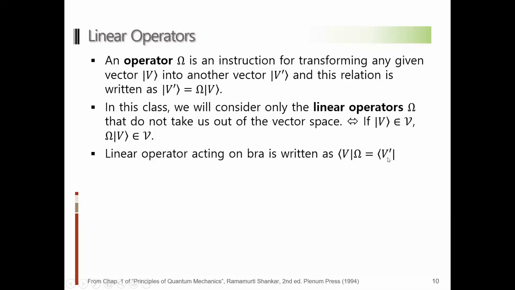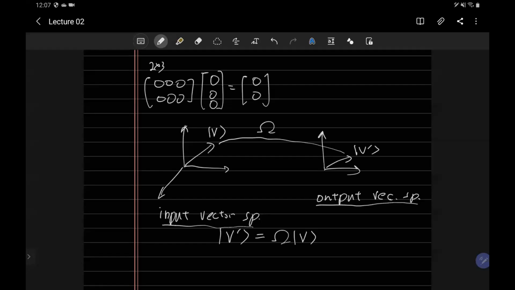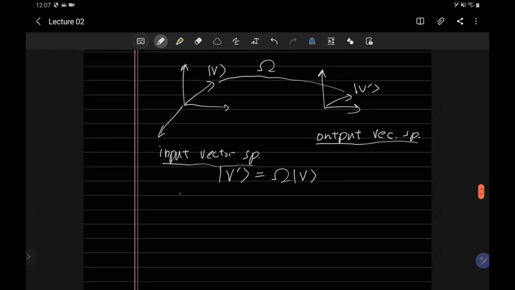Using the same analogy to matrix multiplication, instead of this 2 by 3 matrix multiplying a column vector, we might also consider a row vector multiplied onto the matrix.